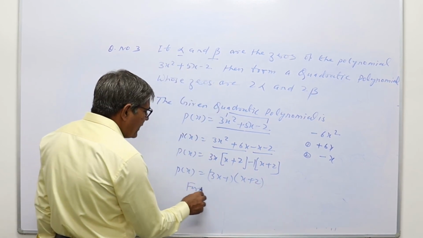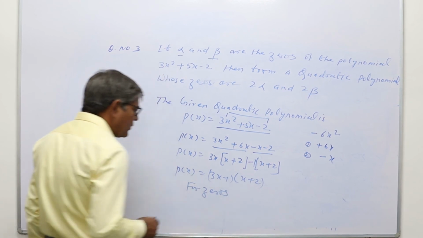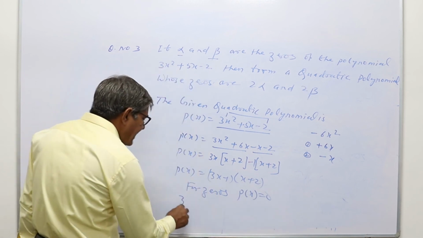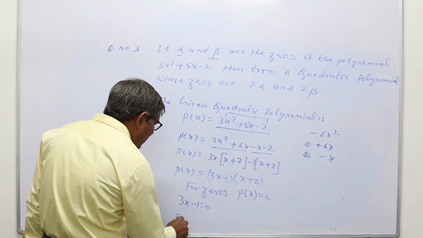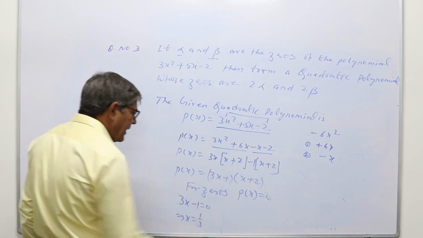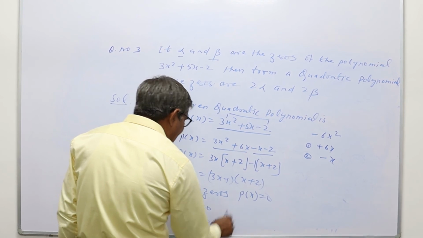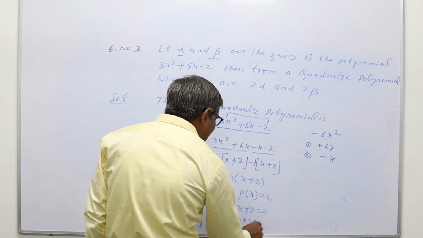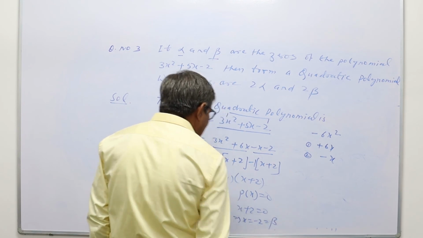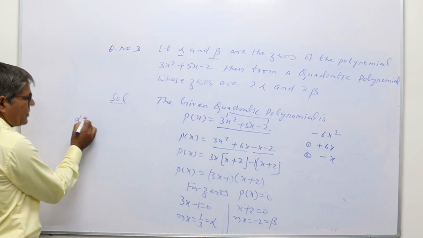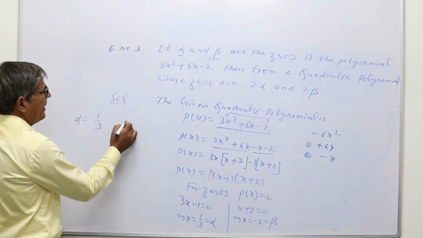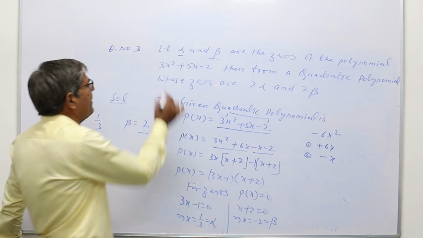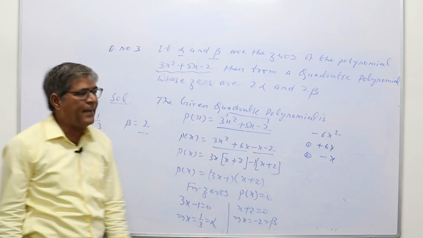Now for zeros, P(x) should be equal to 0. So 3x minus 1 is equal to 0, which implies that x is equal to 1 upon 3. So this is the first zero and let it be alpha. Second one, x plus 2 equals 0, which implies that x equals minus 2 and let it be beta. So here alpha is equal to 1 upon 3 and beta is equal to minus 2. So these are the two zeros of the given quadratic polynomial 3x square plus 5x minus 2.